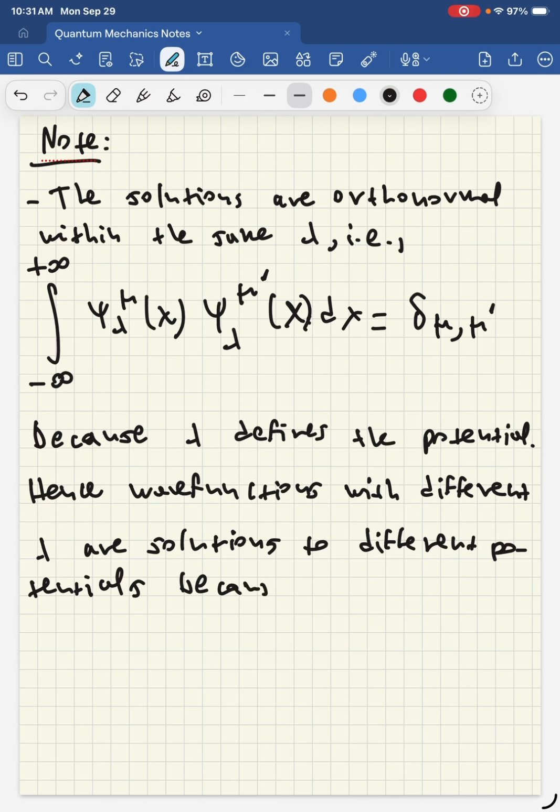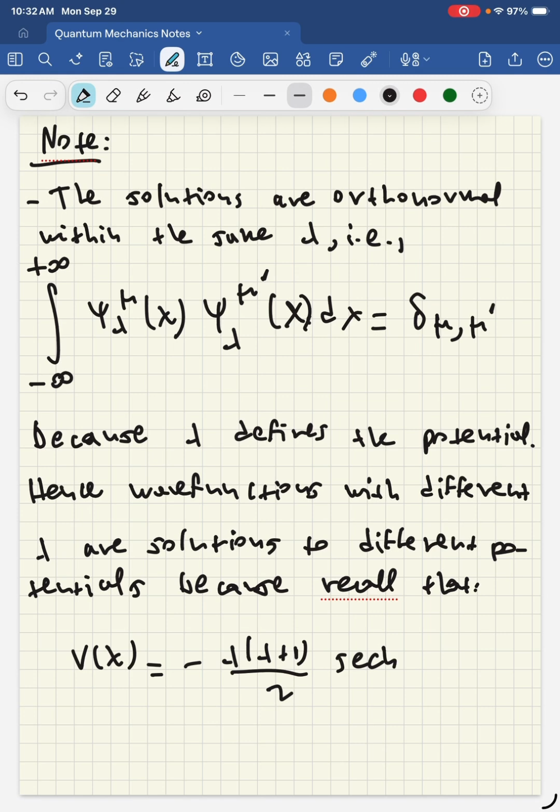Because recall that v of x is minus lambda times lambda plus 1 over 2 times the hyperbolic secant squared. So if lambda is 3, for example, and you take the wave function of that potential and try to see if it's orthonormal to a wave function for the potential lambda equals 2, that's not going to be true, okay? Be careful with that, okay?